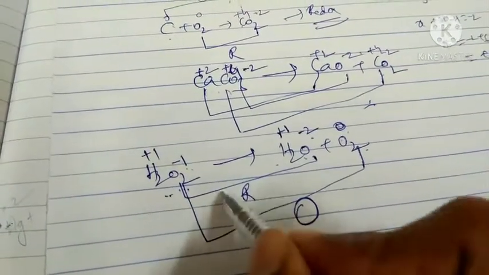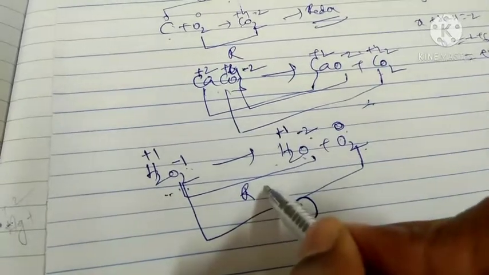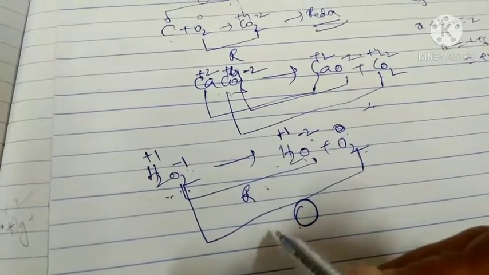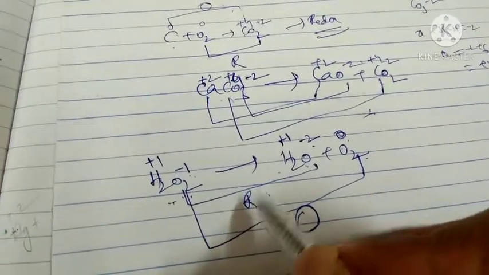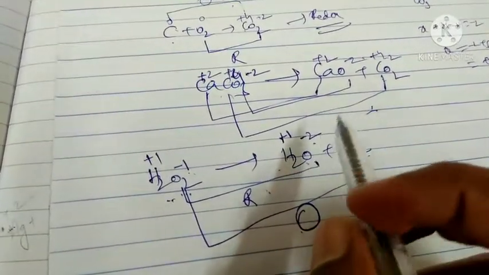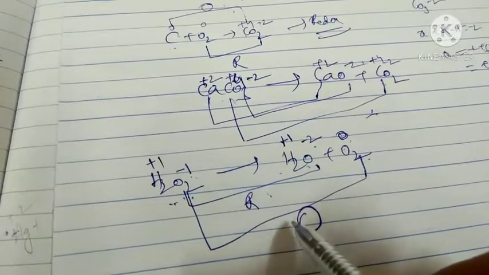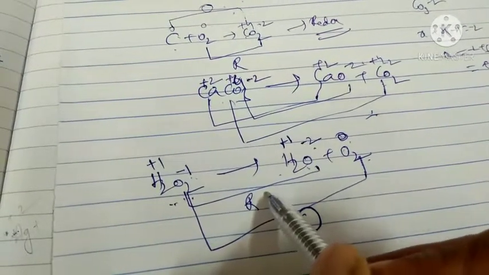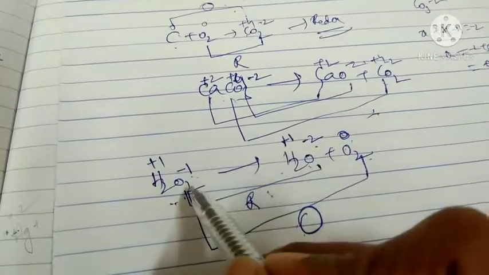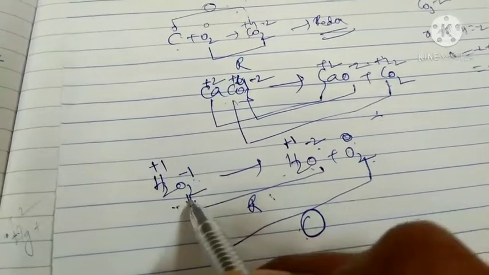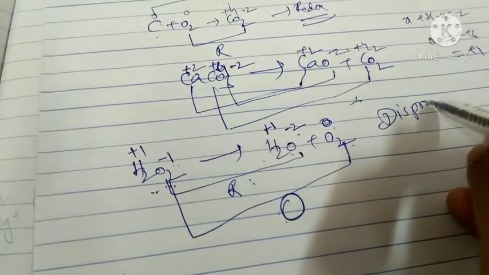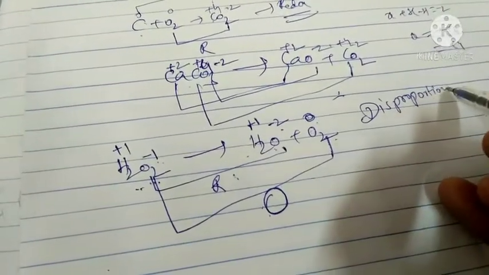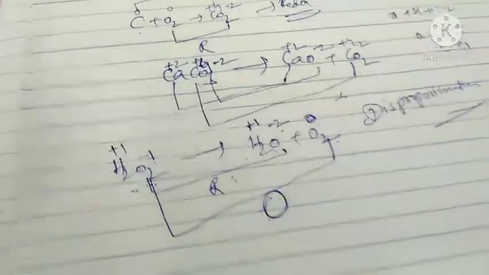So in this reaction, both oxidation and reduction are present. So this is a redox reaction. But what is the point? In both the oxidation and reduction, which element participated? Oxygen participated. So this is called a disproportionation reaction. Very important. What is a disproportionation reaction?